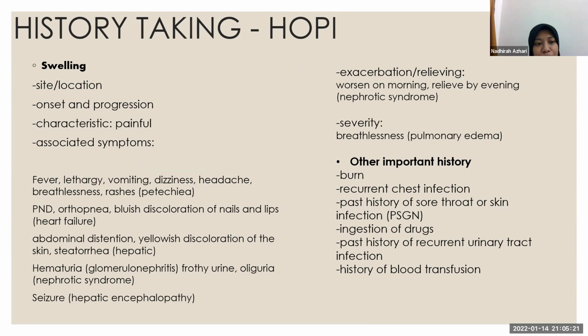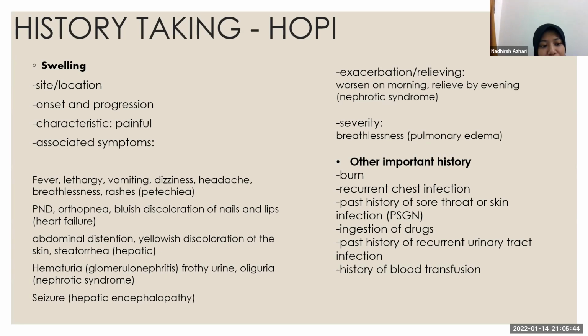So swelling, we need to know the site or location of the swelling, the onset and progression of the swelling, the characteristic, either it is painful or non-painful, and associated symptoms, such as in case we need to ask, is there any fever, lethargy, vomiting, dizziness, headache, breathlessness, and rashes.